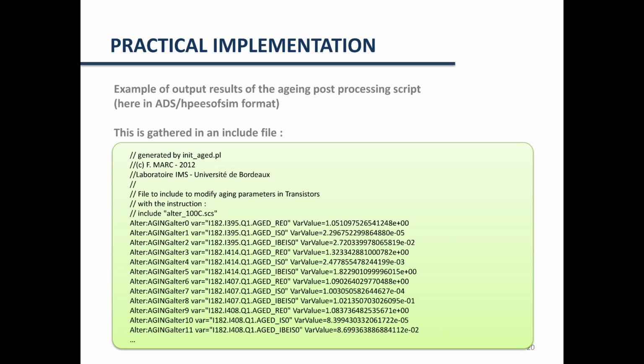In this case, this is ADS format, but we can also use the script to output Spectre specific format. And that's basically modifications of 3 parameters for each instance of the transistors. And this is gathered in a file, which we can simply add to the simulation later on by an include statement. So that's fairly easy.